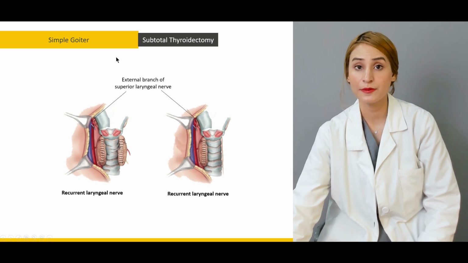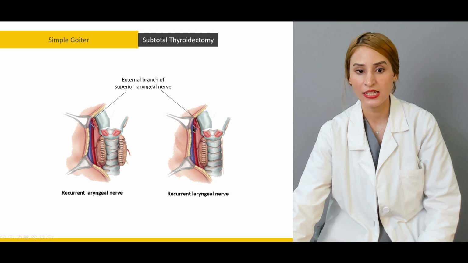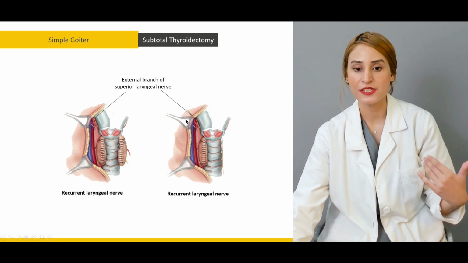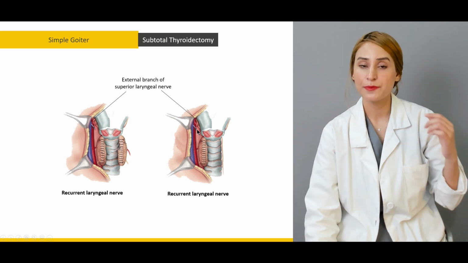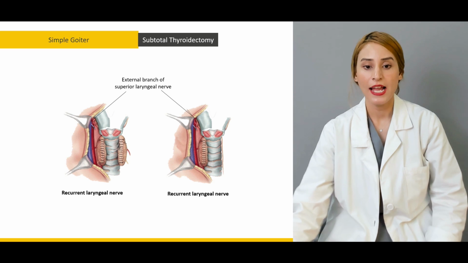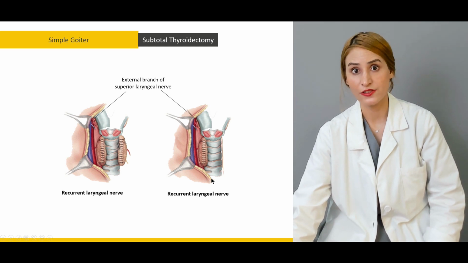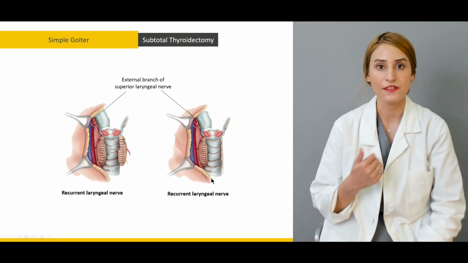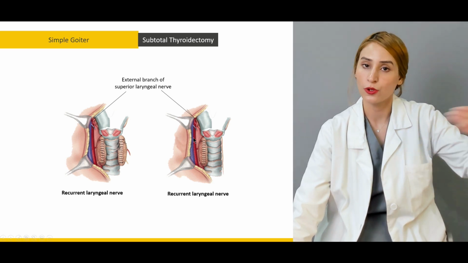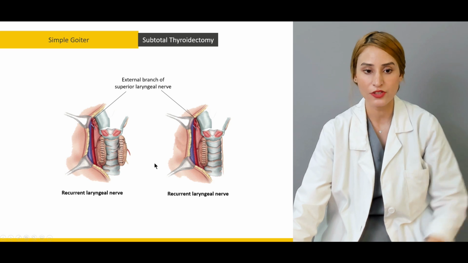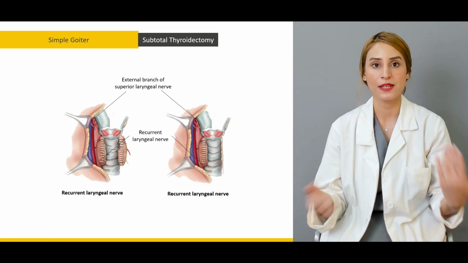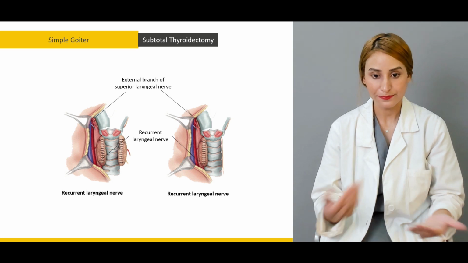Here's the external branch of the superior laryngeal nerve, and it's in close proximity to the superior thyroid artery. The superior thyroid artery is a branch of the external carotid, and the inferior thyroid artery is a branch of the thyrocervical trunk. So the superior laryngeal nerve follows the superior thyroid artery, and the recurrent laryngeal nerve is in close proximity to the inferior thyroid artery.